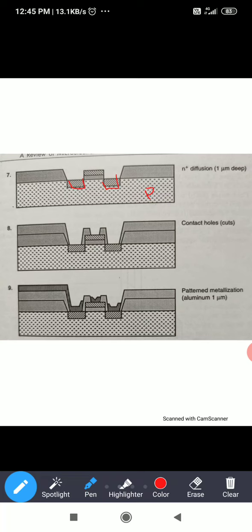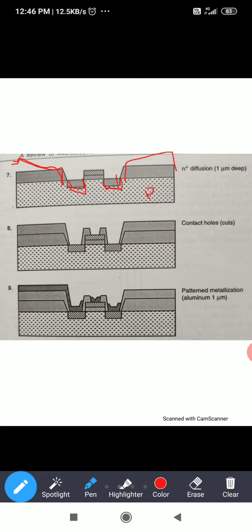This particular area will be opened. Then here again you will apply some layer, or an SiO2 layer, and then we will diffuse the n plus semiconductor.